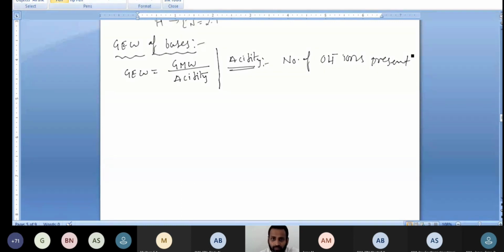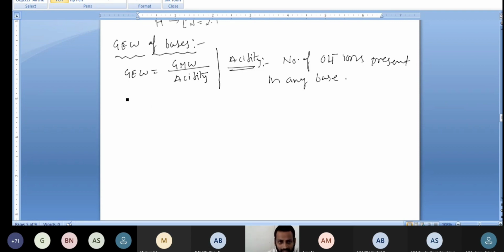Highest is fluorine. Next electronegative atom is oxygen. So oxygen is always polar. So how many OH groups are present? That is equal to acidity in any base. So the number of OH minus ions present in any particular base, that is called acidity.